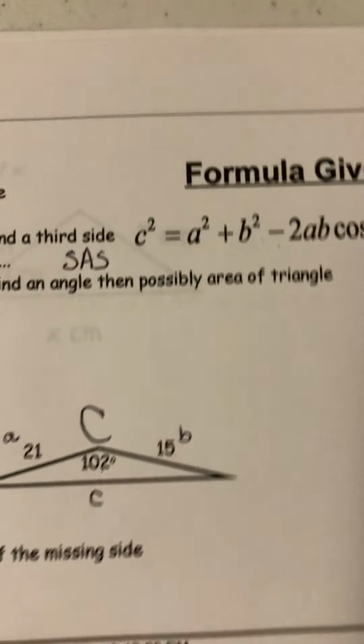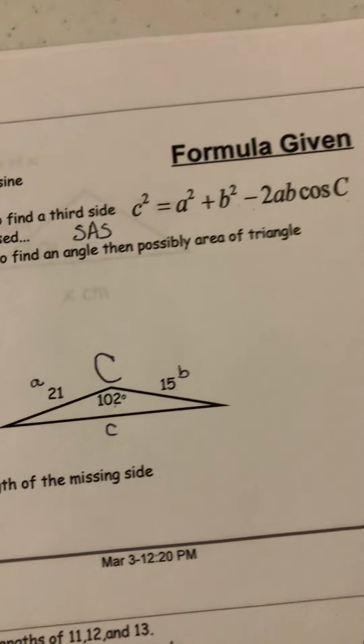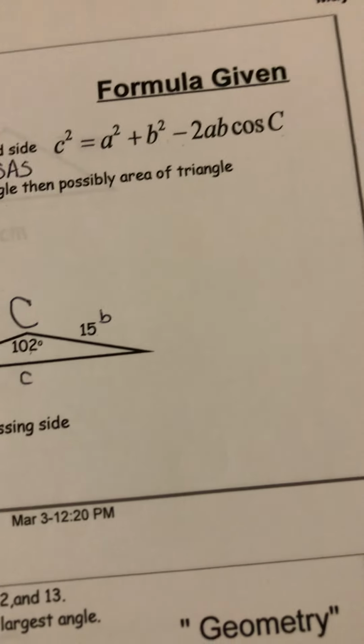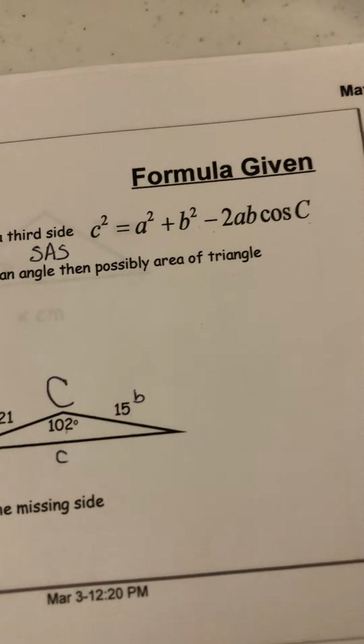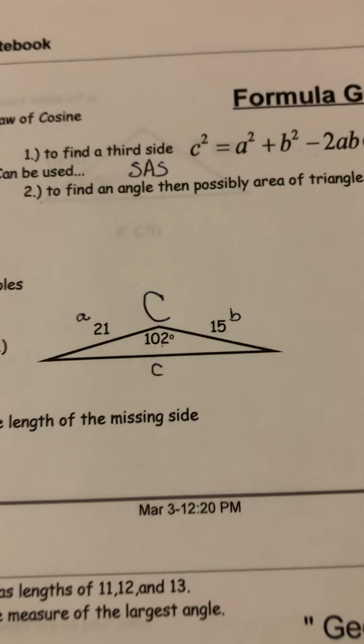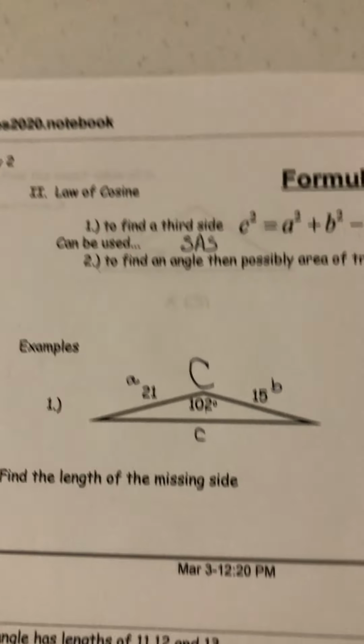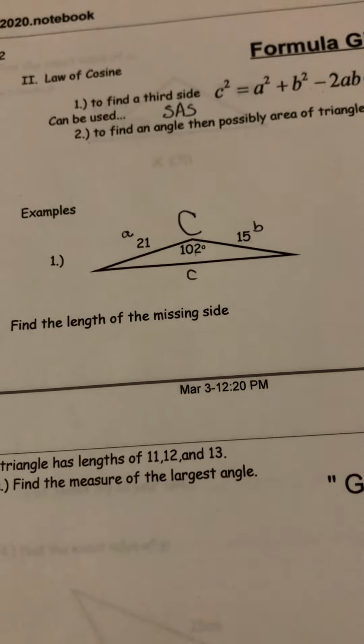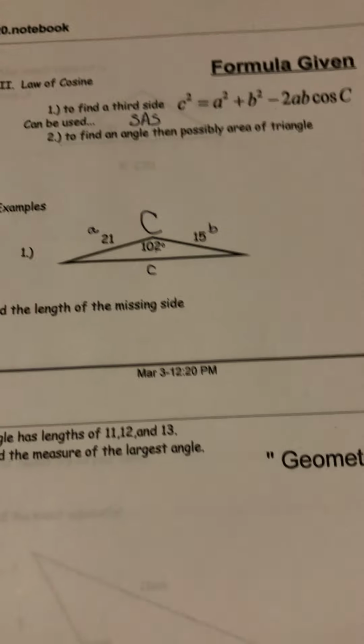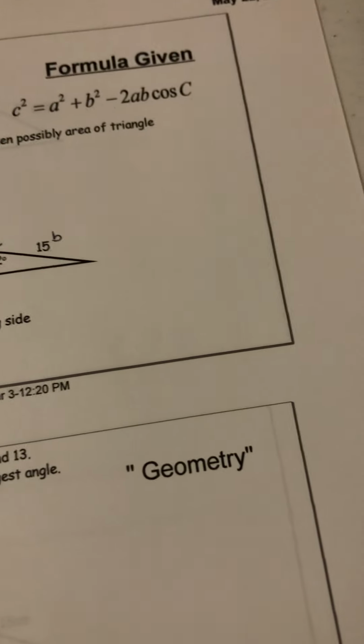Then you must use this formula very carefully to find the missing angle. And then, of course, they like their part B, part C kind of questions, and they'll have you find the area of the triangle. So we'll take a look at some of the questions you might face. And then I'll also share with you, with the notes, the answers to last night's and tonight's homework.